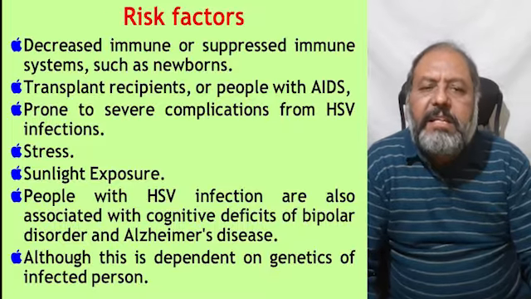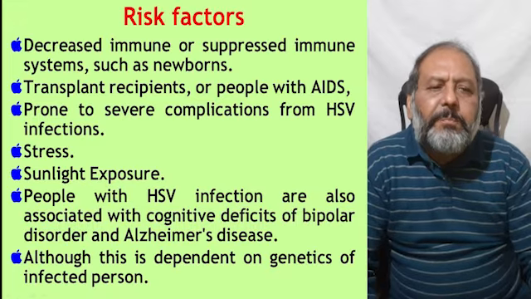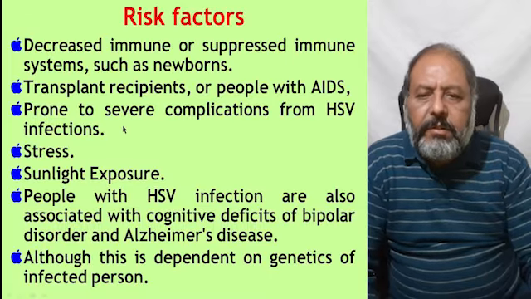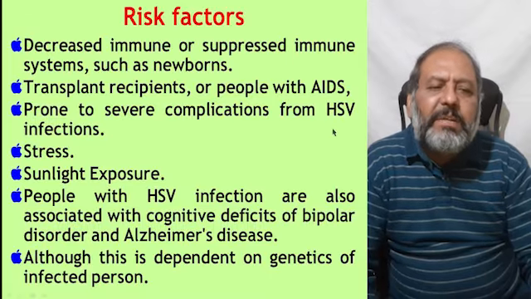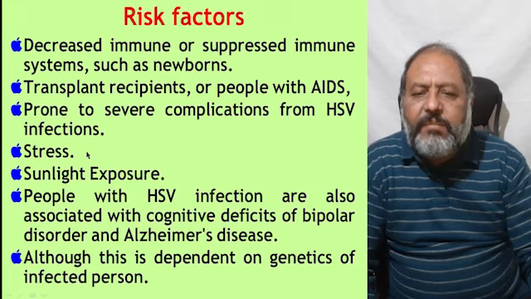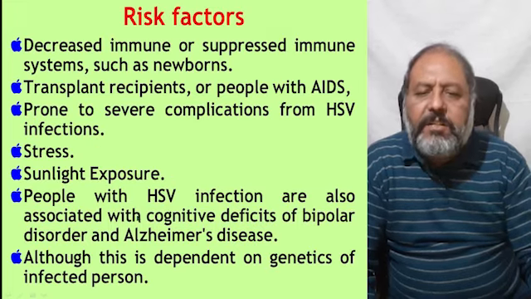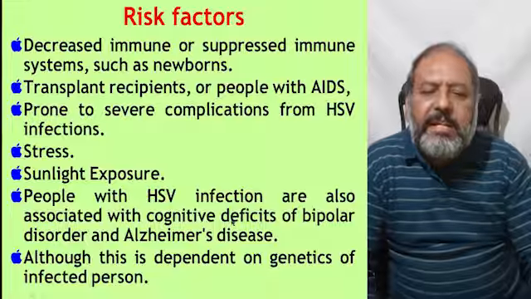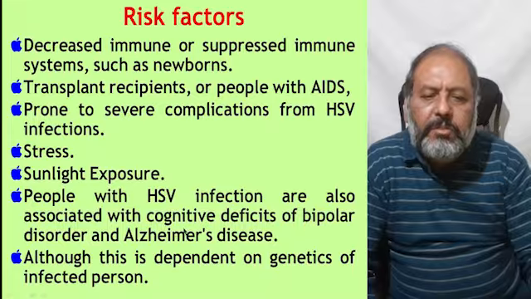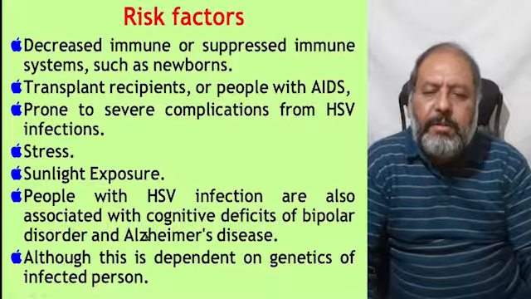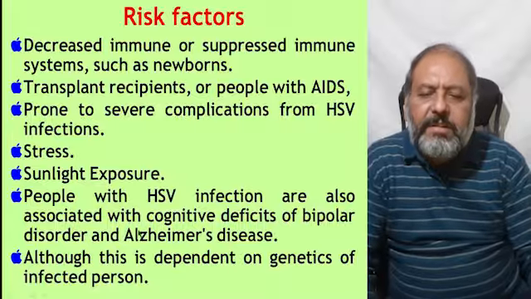Now, certain risk factors are known. These are decreased or suppressed immune system, such as in the newborn, transplant recipients, or the people with AIDS, prone to severe complication from HSV infection. Then stress, sunlight exposure. People with HSV infection are also associated with cognitive deficit of the bipolar disorder and the Alzheimer's disease.